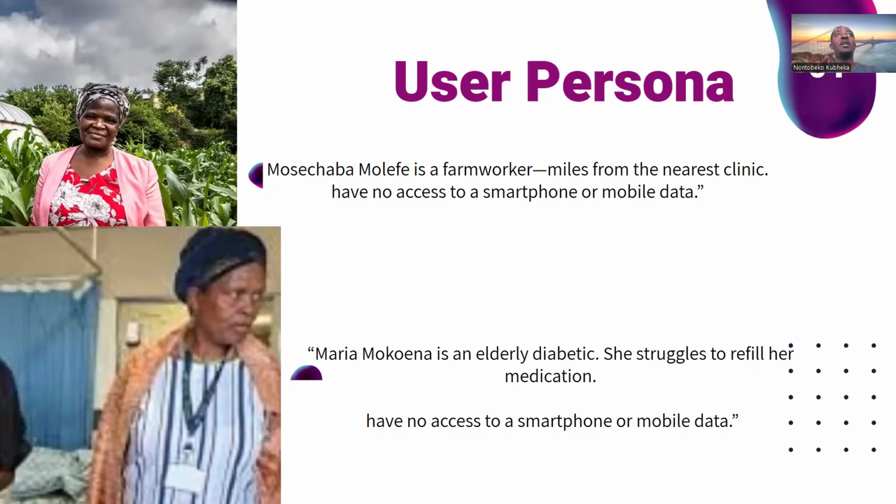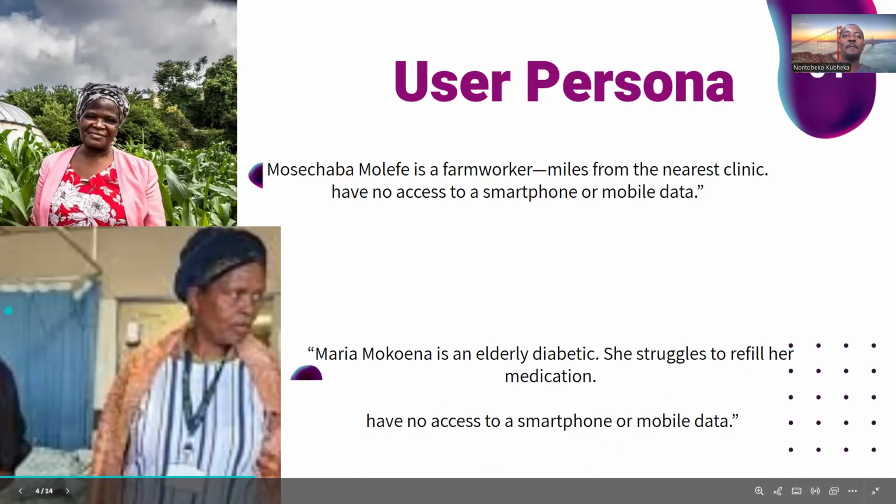Also, Maria Mokwena, who regularly goes for checkups, also struggles to refill the medication on time due to long queues and long distance to the clinic. She is one of the elderly diabetics and has no access to a smartphone nor mobile data.